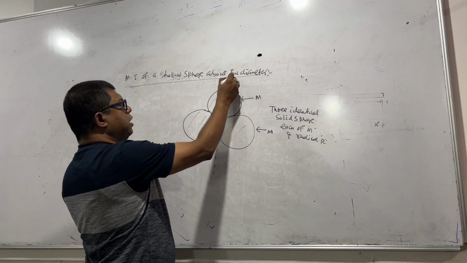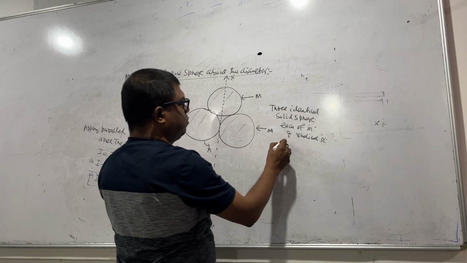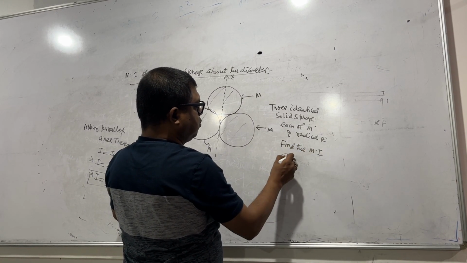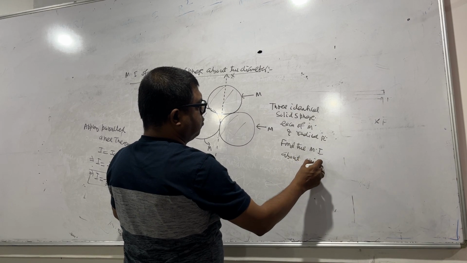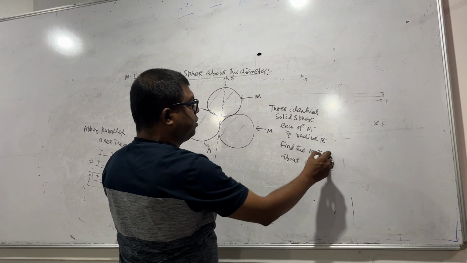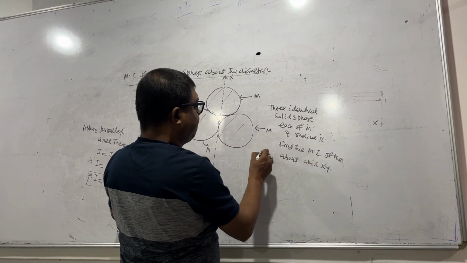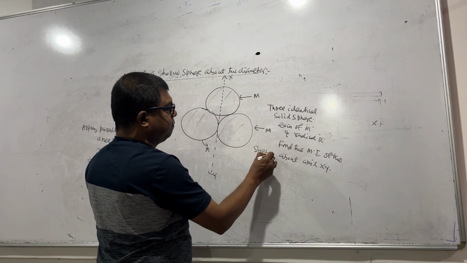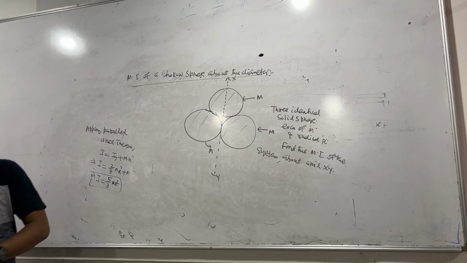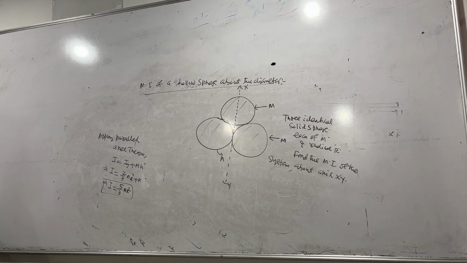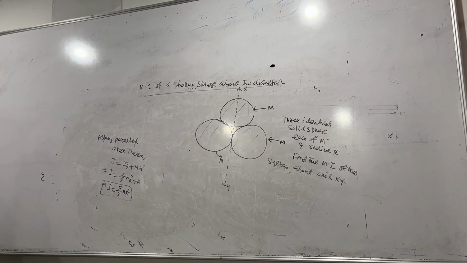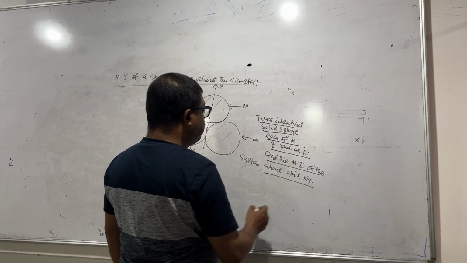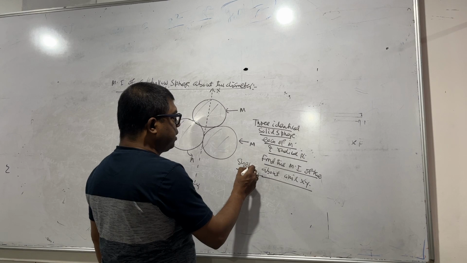Find the moment of inertia of the system about the axis XY. This is the system about the axis XY.